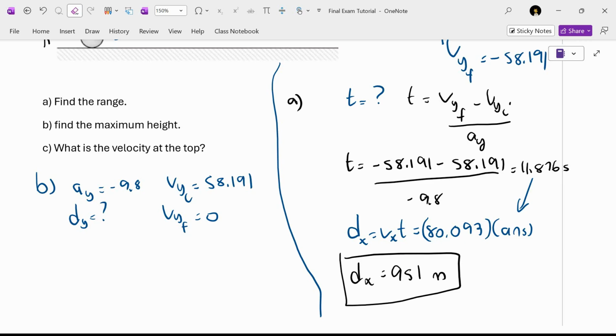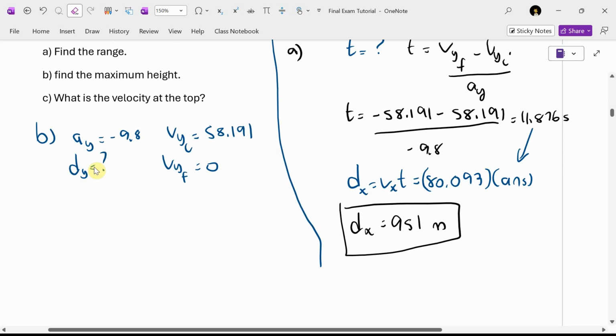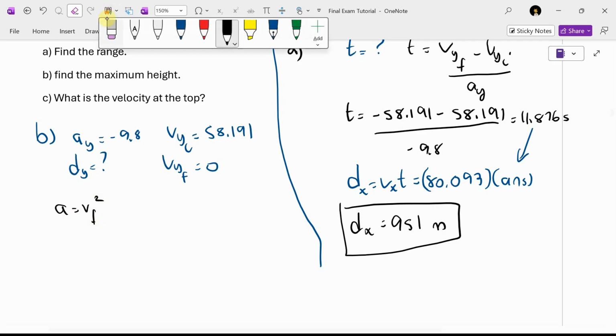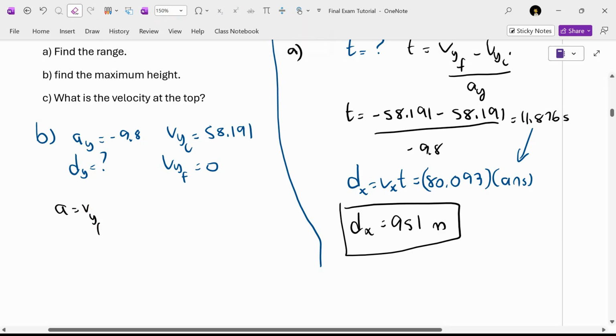Back to you, Annie. I'm looking for an equation that's got an A, a V initial, a V final, and a D in it. There is one. Yeah, it's the squared one. Get the A by itself, please. It's going to be Vf squared vertical. Let's put the Y's in so I'm not tempted to put in silly numbers. Vy final squared minus Vy initial squared all over 2.